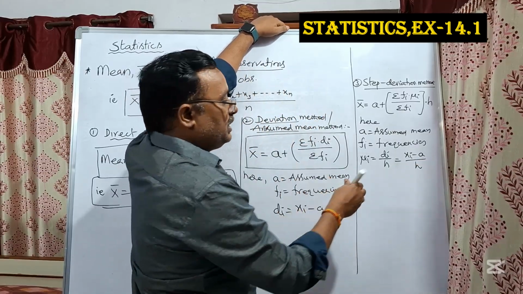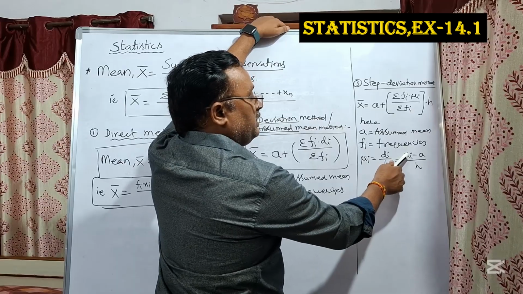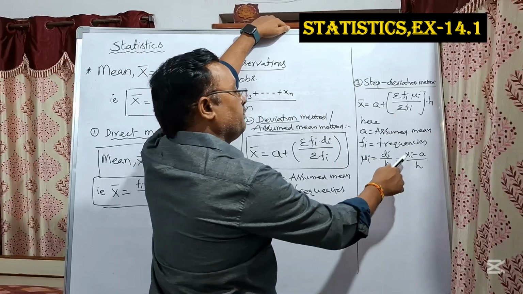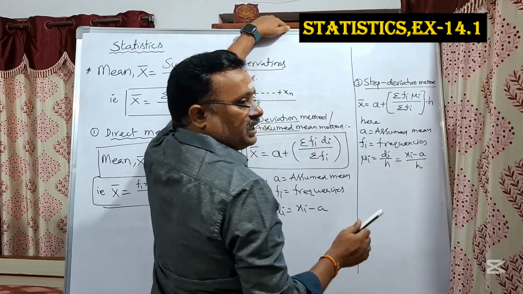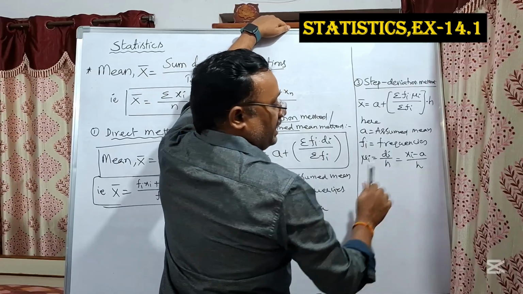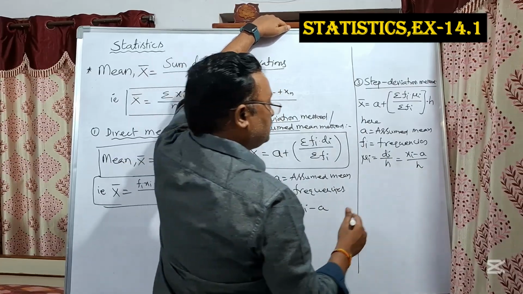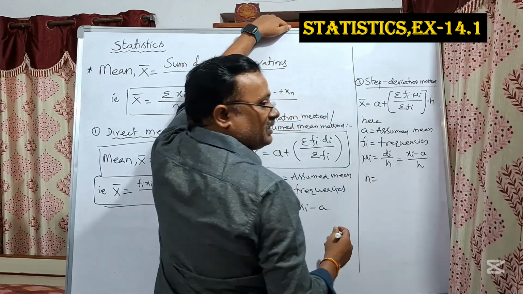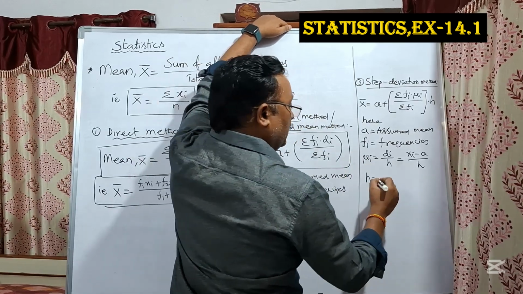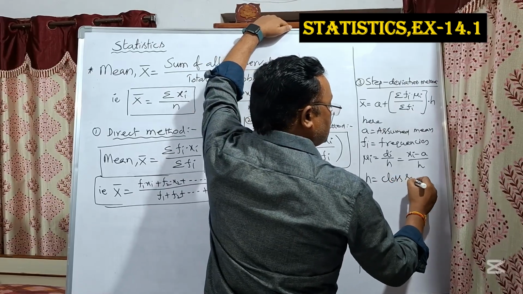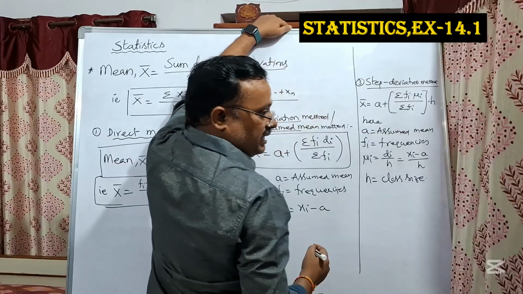xi is the individual observation, called the mid value. So ui is the difference of the individual mid value with the assumed mean, divided by h. Next one is h. h is called the length of the class interval or height of the class interval, or you can also call it the class size.